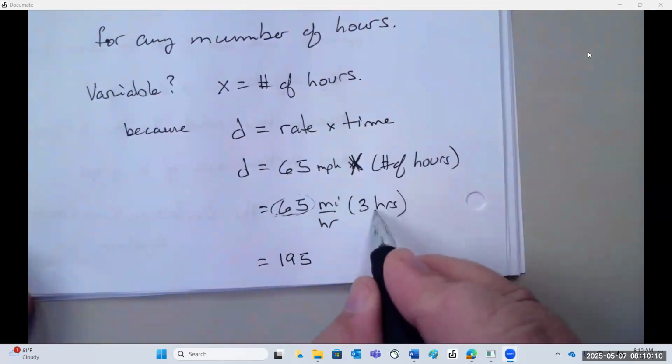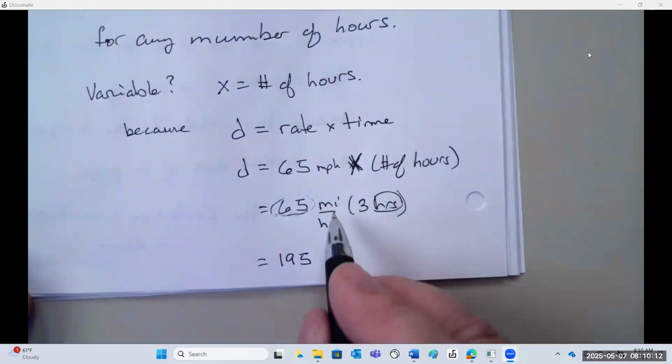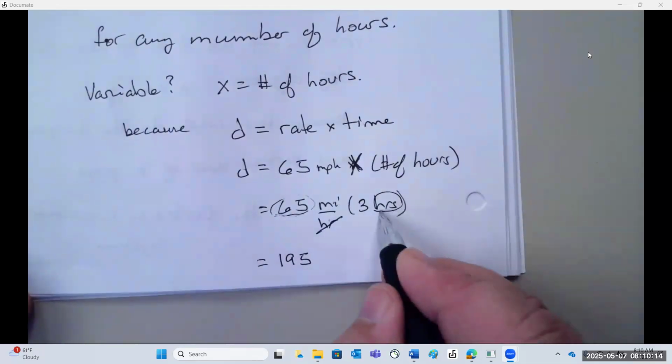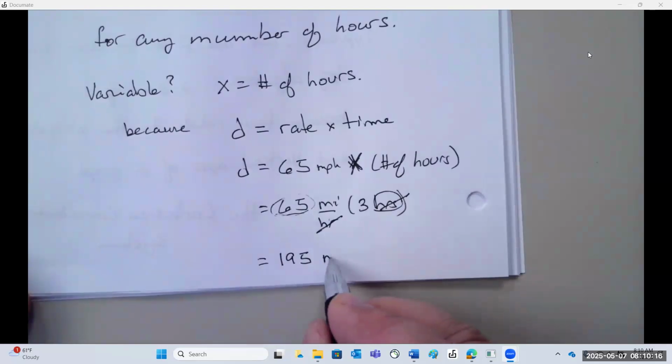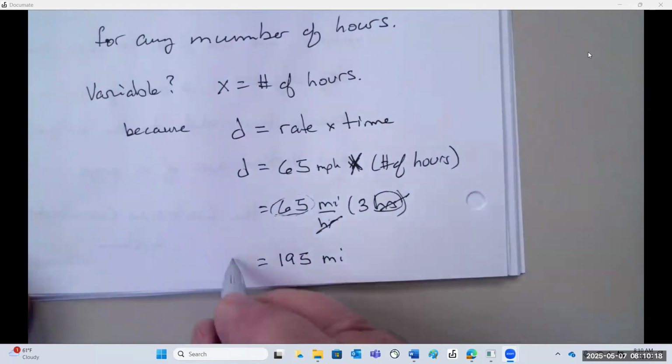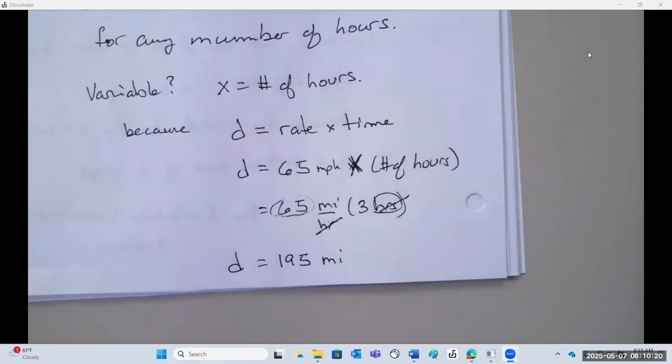But look what happens here. We have hours here and miles per hour. So the hours cancel. All we're left with is the miles. So that's the distance. It's very important in mathematics that we are very conscious about our units.